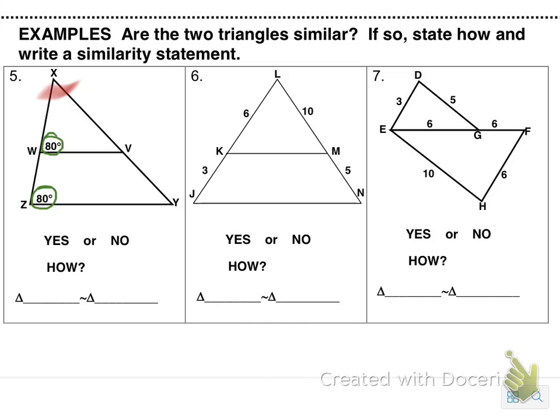If we were to separate those two triangles, the angle where X is would be in the large triangle, and the angle where X is would also be in the small triangle, and they're congruent to one another. So now we've shown that corresponding angles in both triangles are congruent. That's two pair, so that's enough to show that the two triangles are similar. How? By the AA, or angle-angle similarity theorem.